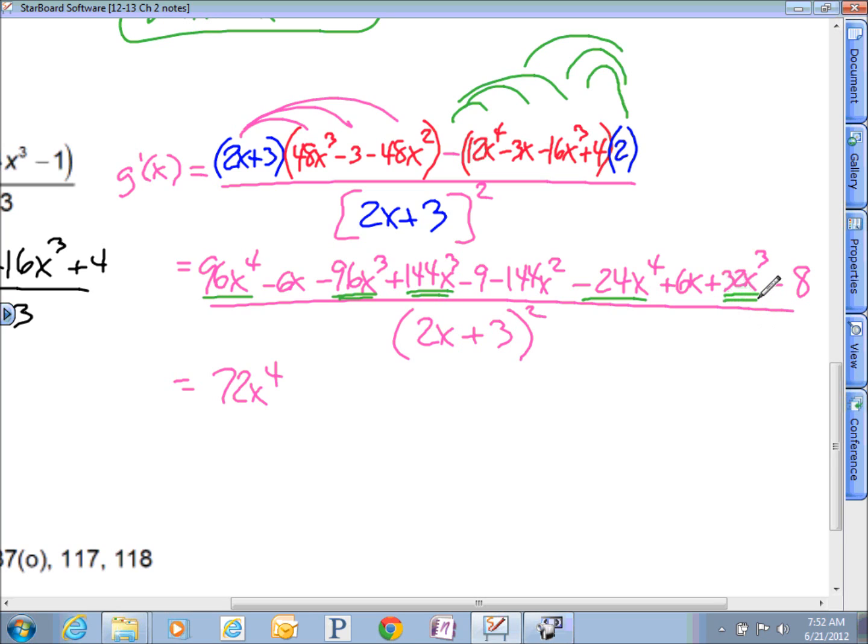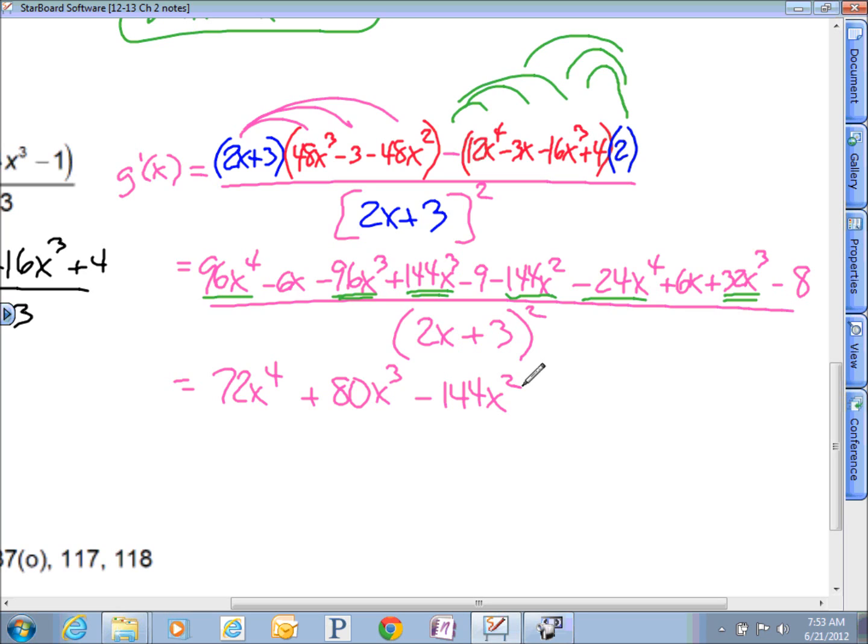So 144 plus 32 is 176, and 176 minus 96 is a plus 80, I think, x cubed. Forgive me if I'm wrong. Let's see, x squared. It looks like we only have negative 144 of them. X's: I see a negative 6x and a positive 6x, so they're going to drop out.